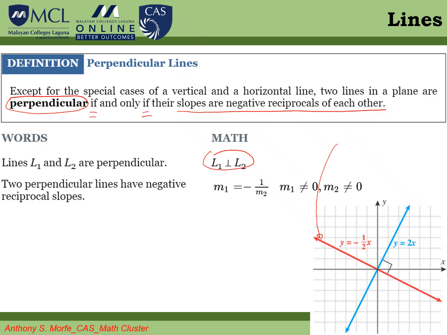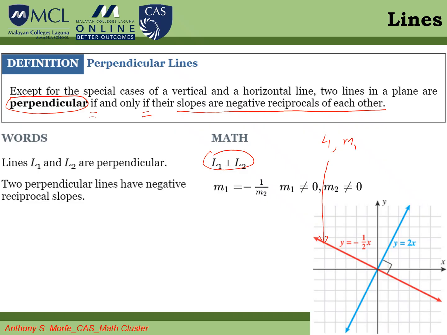for example, the red line is our L1. Since this is L1, line 1, its slope is M1.